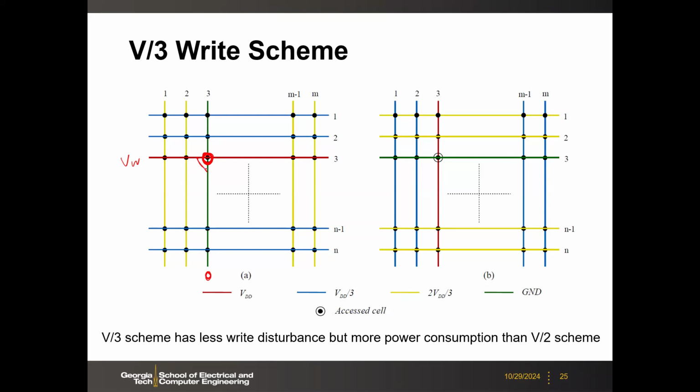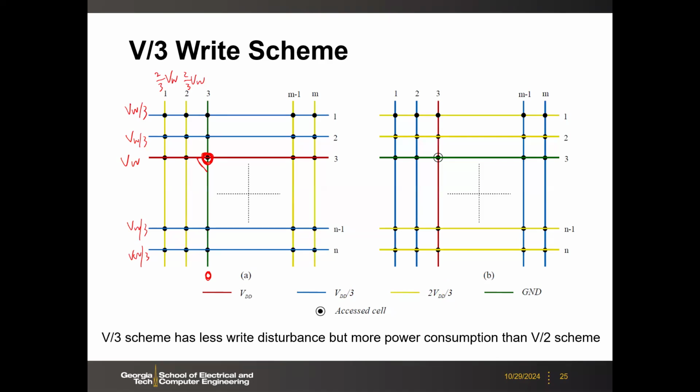But then here the trick is that for the other unselected cells, you see the different color here. For the unselected rows, you are going to apply VW over 3, for all the unselected rows. And then for the unselected columns, here the yellow lines, you apply 2/3 of the VW, okay? Then you can check what is the voltage across each cell.